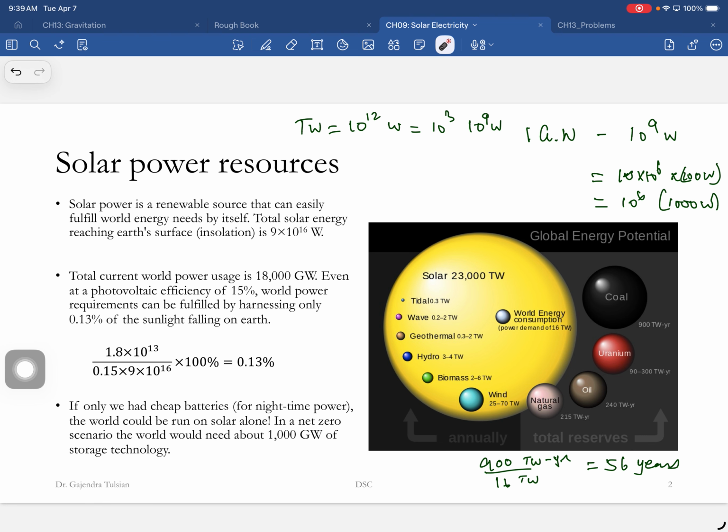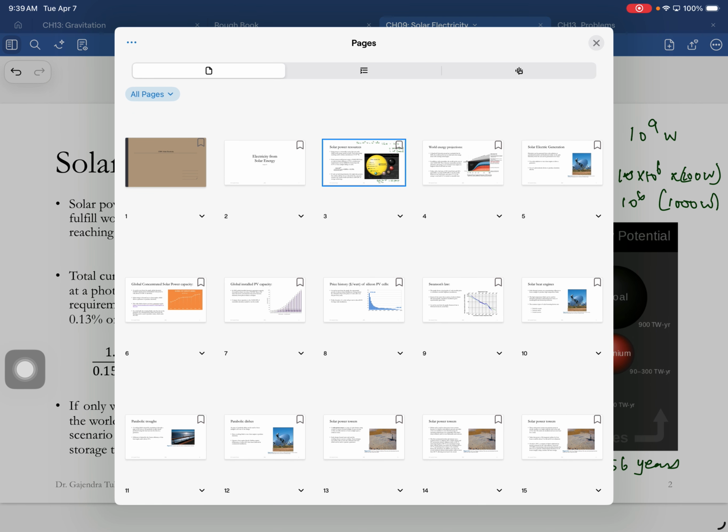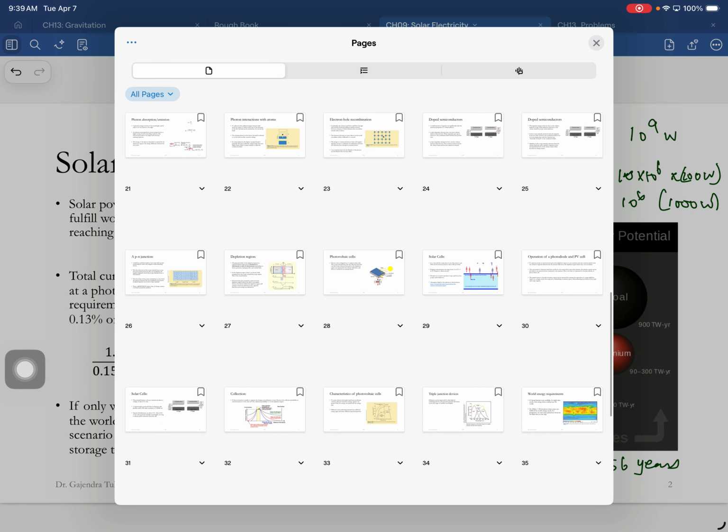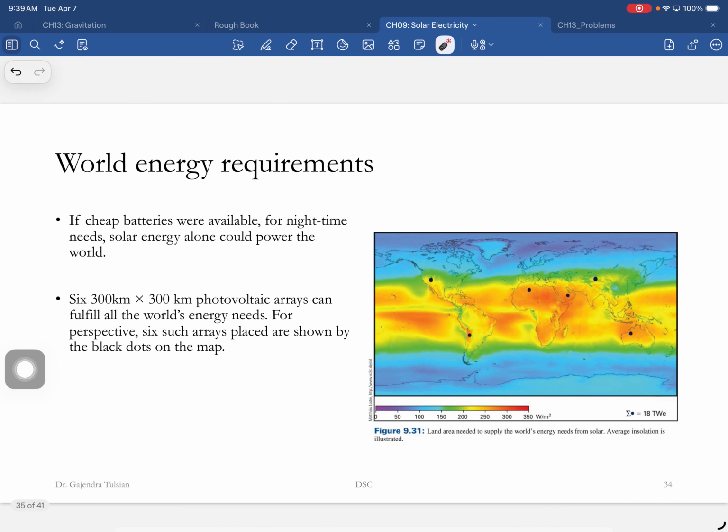And to give you a perspective, these black dots, if you cover them with photovoltaic cells, solar cells, you can run the world.